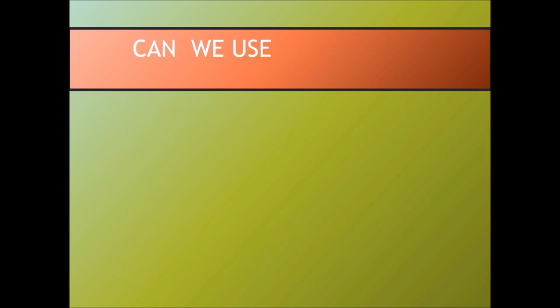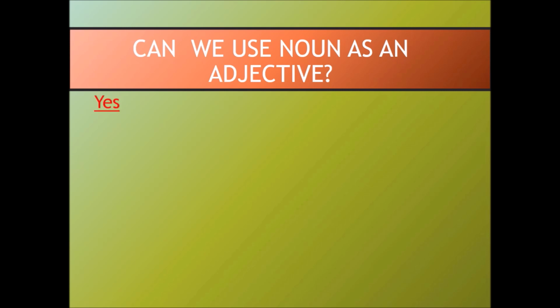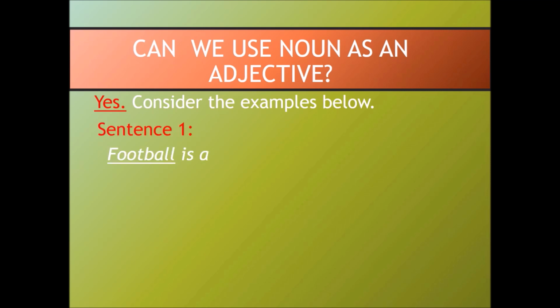Can we use noun as an adjective? Yes. Consider the examples below. Sentence 1. Football is a famous sport, wherein football is a noun here.